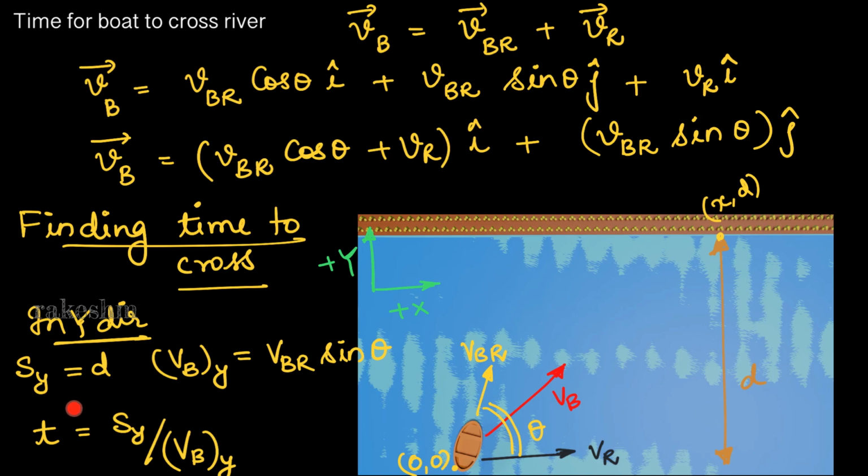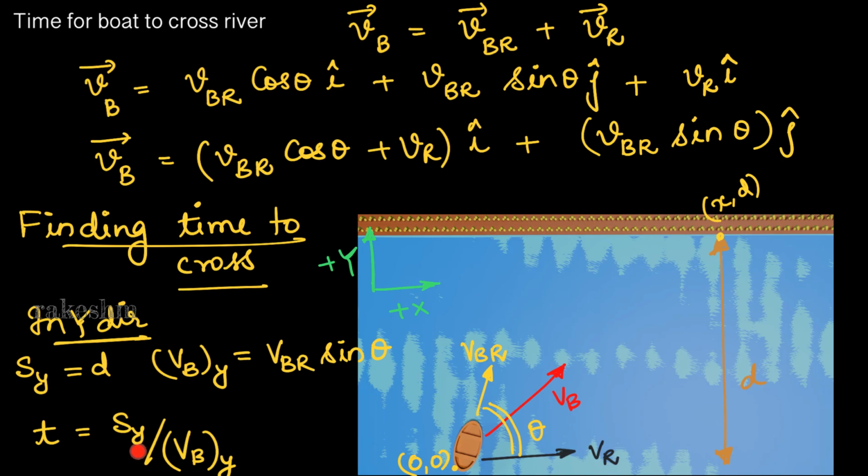So the displacement in y direction is the final y coordinate minus the initial y coordinate, which is d. Next, the velocity in y direction, VBy, equals VBR sin theta. So from this equation, in y direction, the velocity of the boat is VBR sin theta. We have written that here.